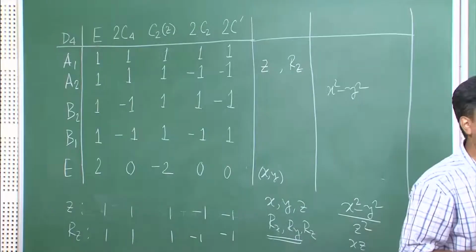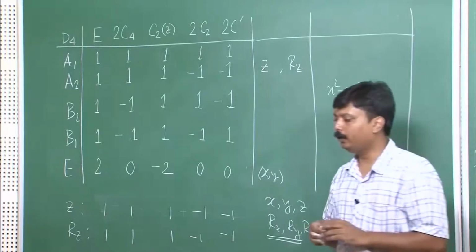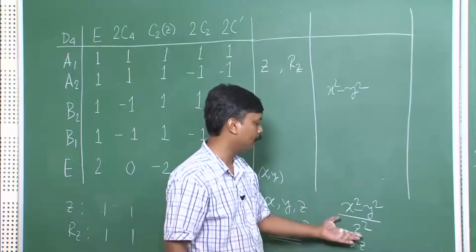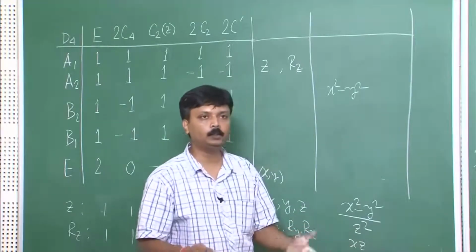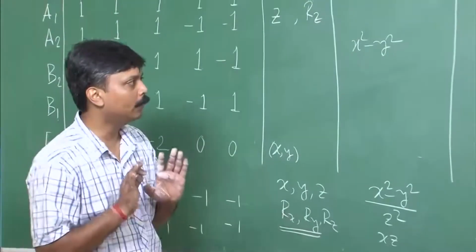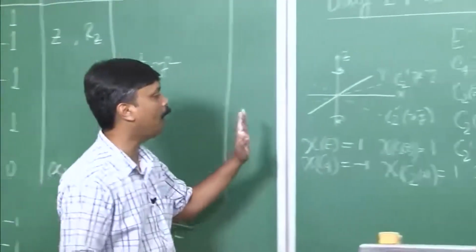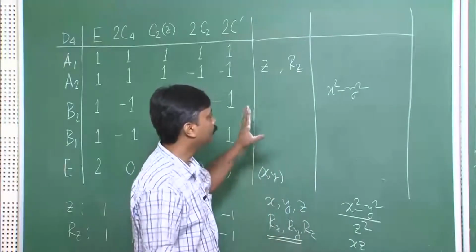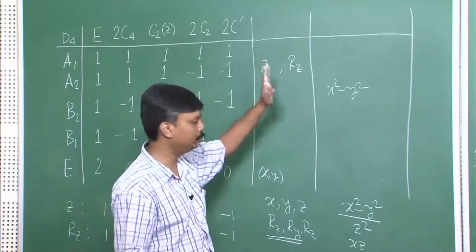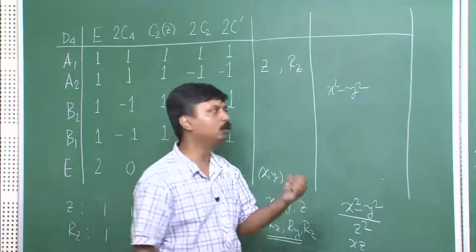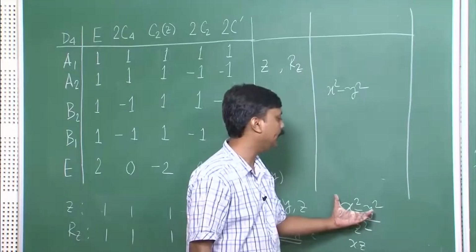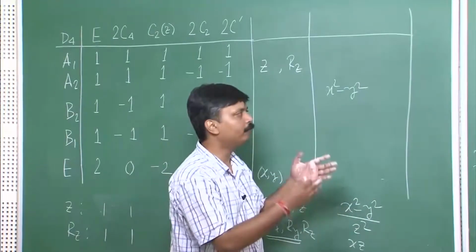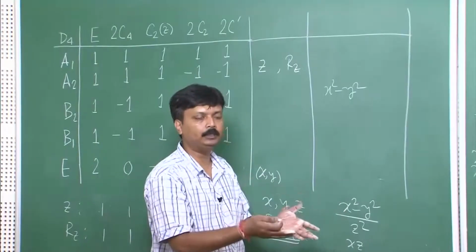So in the same way, you can try out different other functions, say for example z square or xz or xy. Okay, so what you have to do is just see how that individual x or y or z gets transformed upon the symmetry operations, and then taking those, you see what is happening to the total overall function, and then you find out the corresponding change.